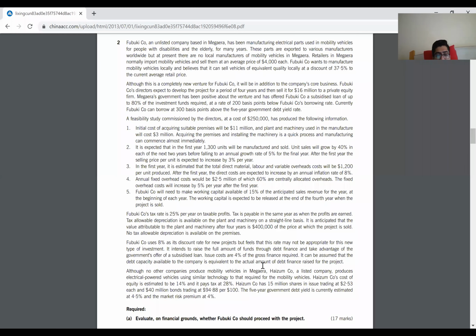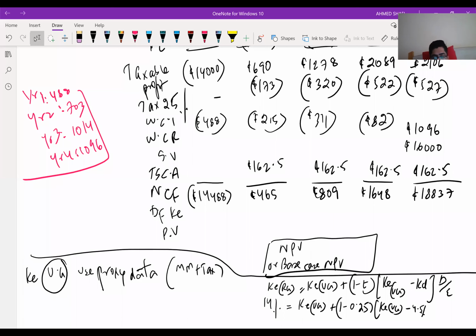D over E is the market value of debt over equity. The balance sheet value of debt is 40 million trading at 94.88 per 100, so it's 37.95 million. And the market value of equity, 15 million shares trading at 2.53, is 37.95. Both are the same.